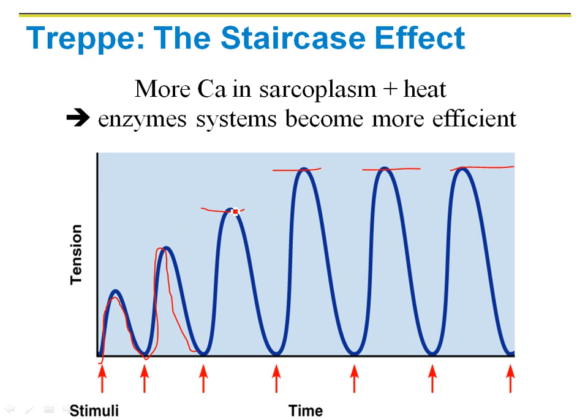Treppe occurs, again, because you're increasing calcium in the cytoplasm. Also, when muscles contract repeatedly, they heat up, they warm up. And that increase in energy makes enzymes more efficient, and reactions tend to happen a little bit faster. So that's treppe. Treppe is multiple stimuli, but you allow it to relax fully between each contraction. You get more force.